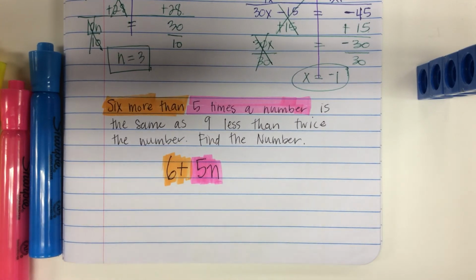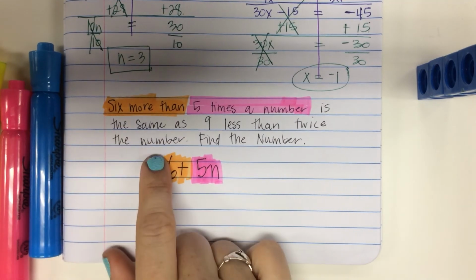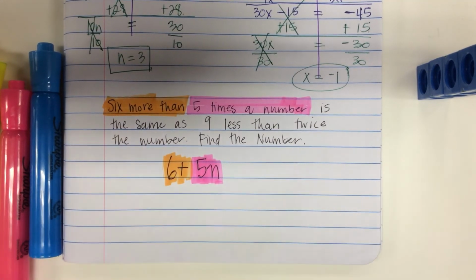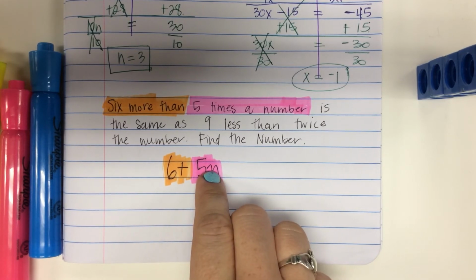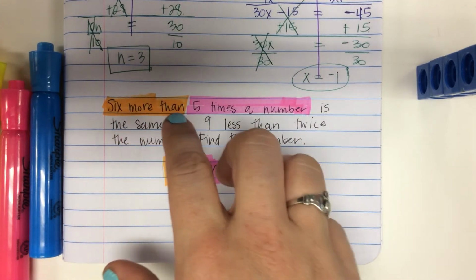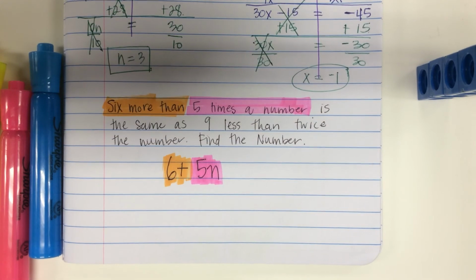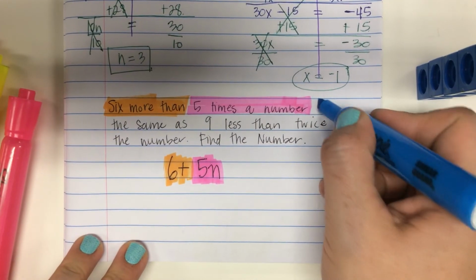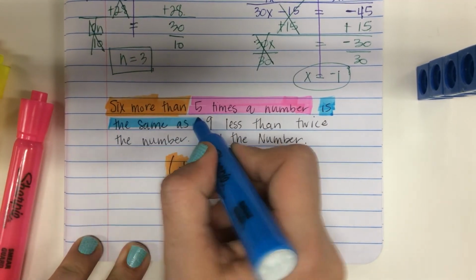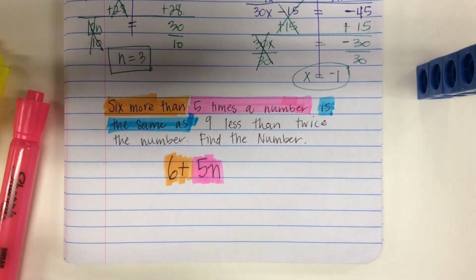Right, so we're chunking it mathematically. 6 more than, 6 plus. 5 times a number, 5 times n. Is the same as. Equals. So that's my next one. Is the same as.